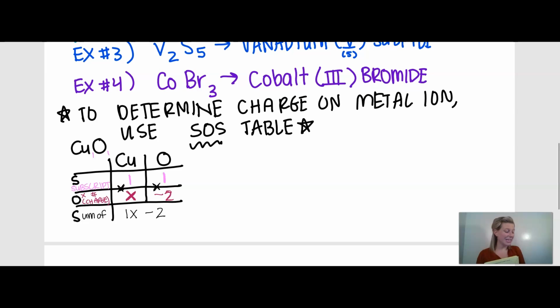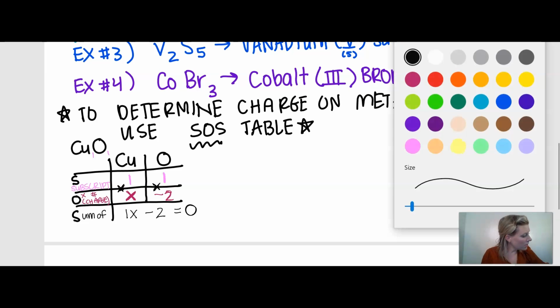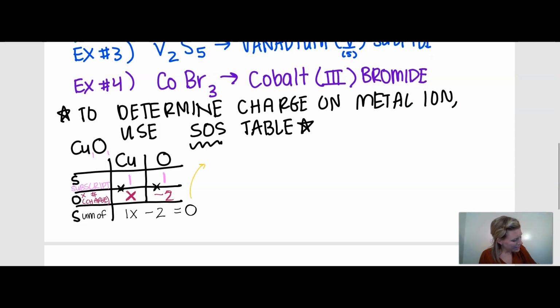The question then is, what do I have to set it equal to? Well, here's the beautiful thing. The CuO is an ionic compound, which, remember from our discussion in class and from the videos, always forms a neutral compound with an overall charge of 0. Okay, so I am going to go ahead and star that here, and we're going to say set equal to 0, right? Because the compound is neutral.